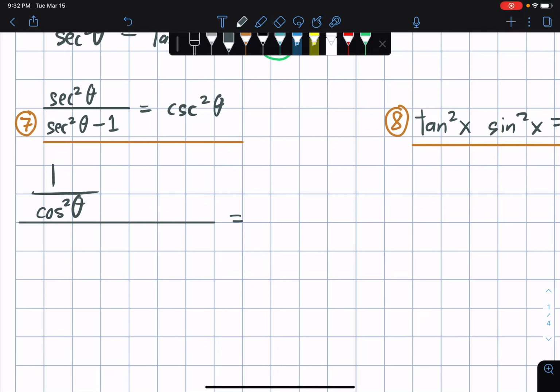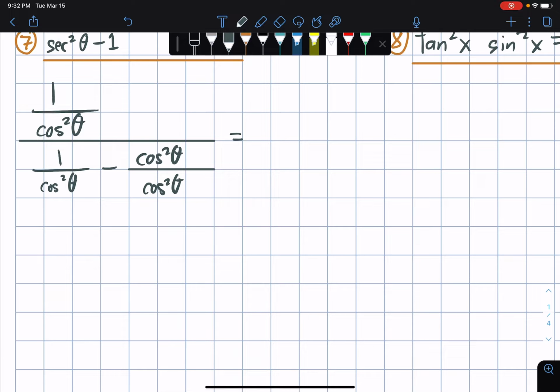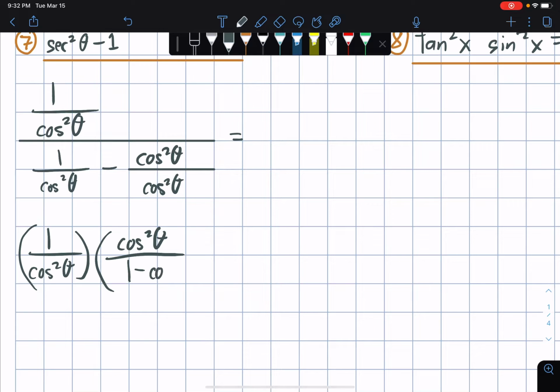Okay, so below, we will have to do it the hard way. So translate it as 1 over cos raised to 2 theta and minus 1. We have to find the common denominator, so we might as well want to turn it into this. So break down the complex fraction, we get this one. So this is already reciprocated. 1 minus cos raised to 2 theta.